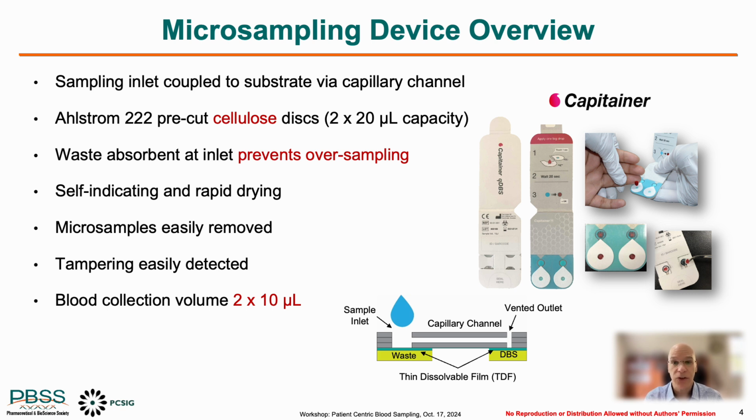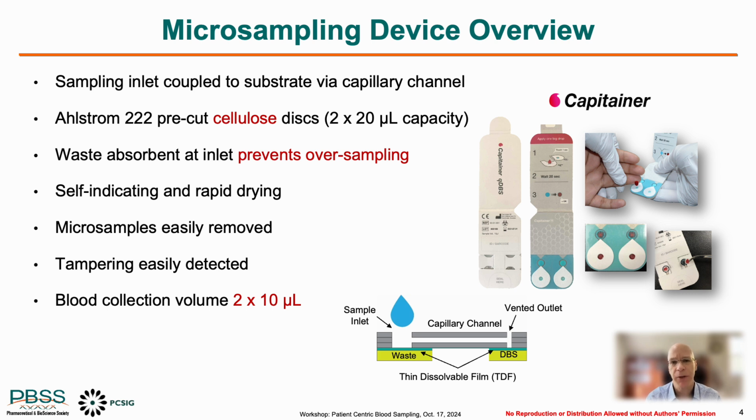It has a discrete sampling inlet, so it's not direct to substrate, and it is engineered with a waste absorbent that collects blood volumes that exceed the capacity of the capillary channel. So in this manner, one simply cannot oversample.